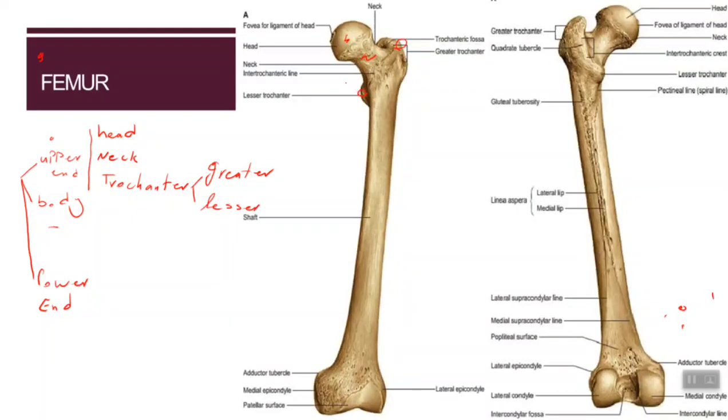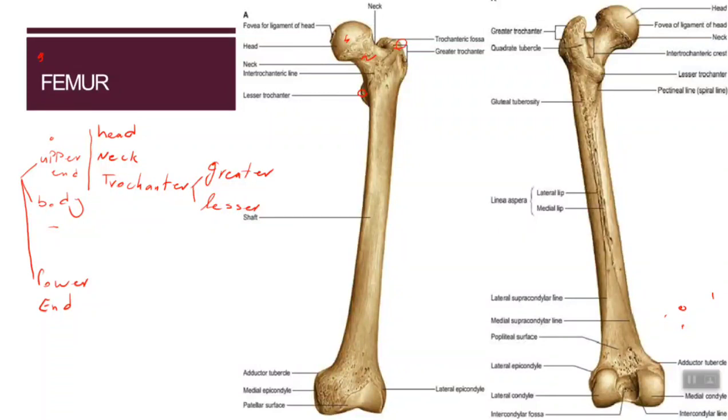Okay. First of all, the head forms more than half a sphere and is directed medially, upward, and slightly forward, as you see in these pictures. The neck is about 3.5 centimeters long.